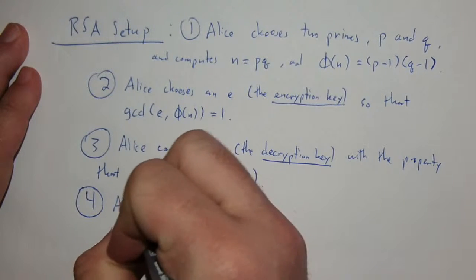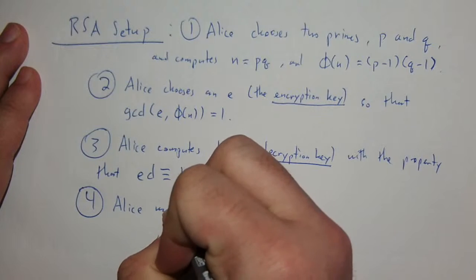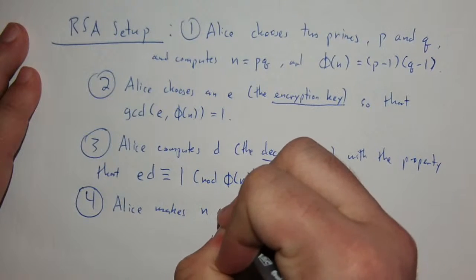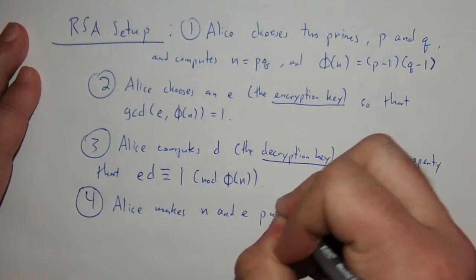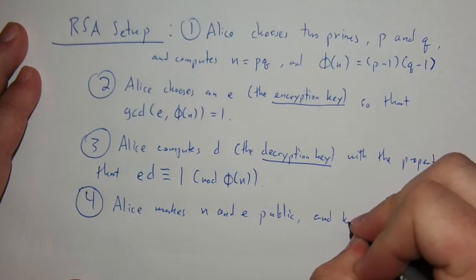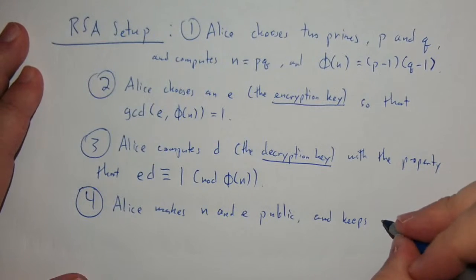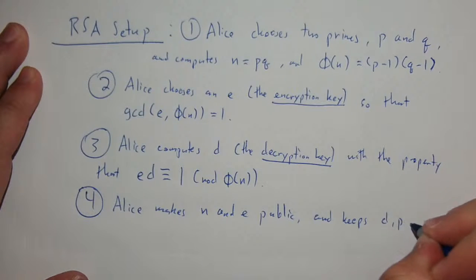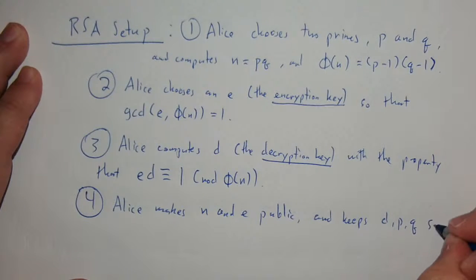So then Alice makes N and E public and keeps D, P, and Q secret.